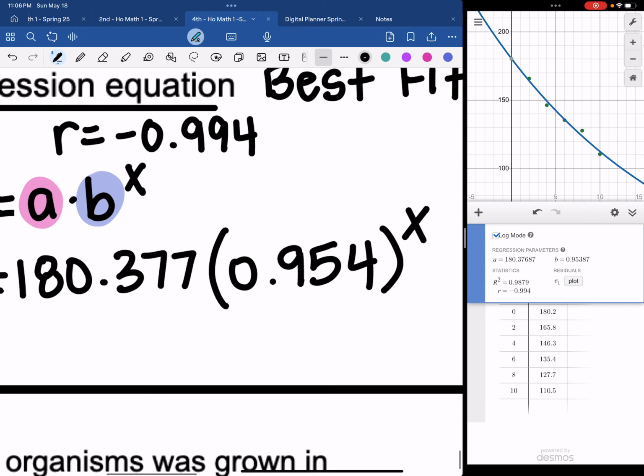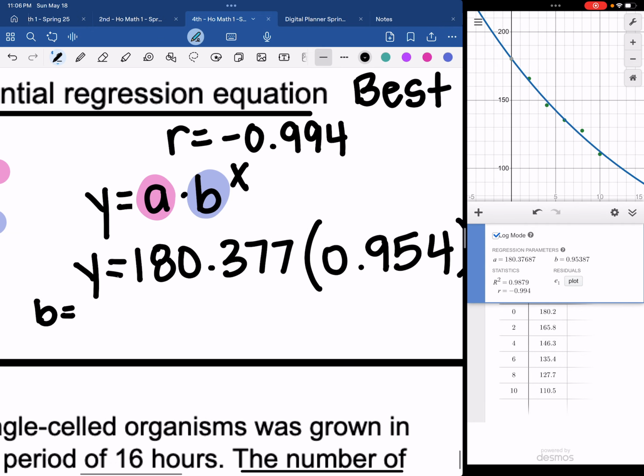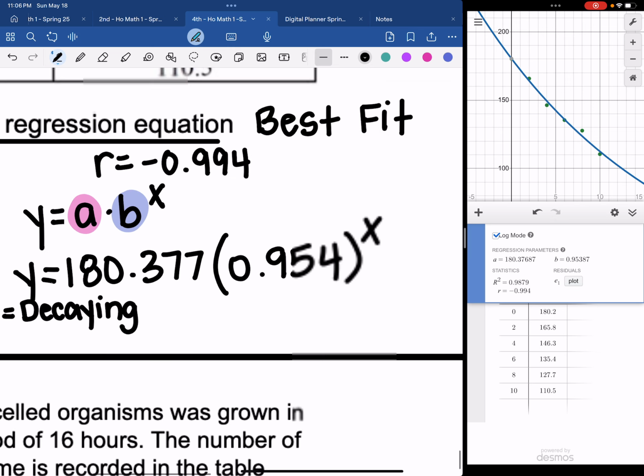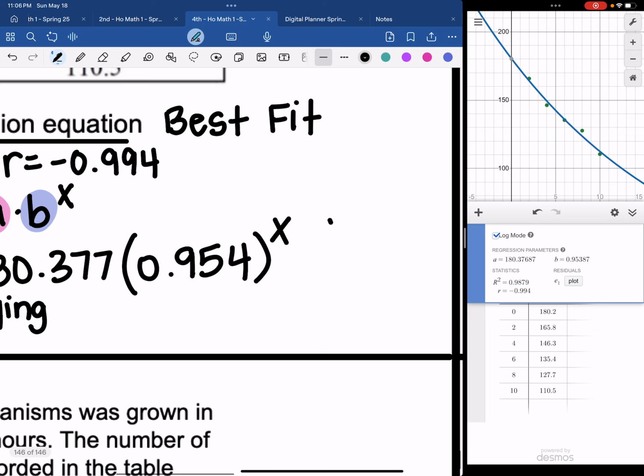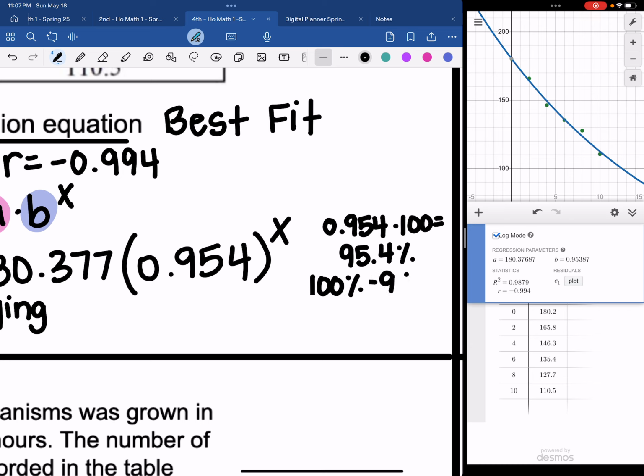If we can see that it's cooling because it's decay, so we can say it's decaying or cooling, and we would need to find the original percentage. Now, if you remember when we did this earlier, we take the original percentage, we multiply it by 100, and you get 95.4%. So then we're going to say 100% minus that 95.4%, and that's going to give us 4.6%.